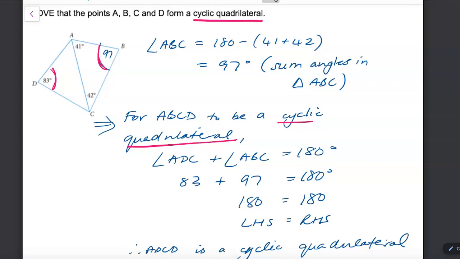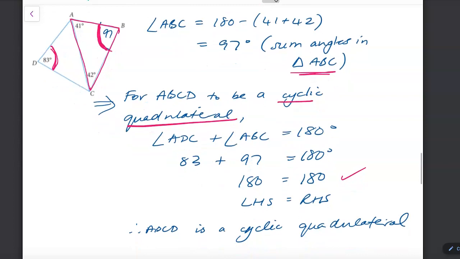If we can prove that one set is supplementary, the others will follow. We can first work out the size of angle B, and from that triangle ABC, angle ABC must be 97. So we want to prove that 83 plus 97 is in fact equal to 180, which we've done. Therefore it is a cyclic quadrilateral.